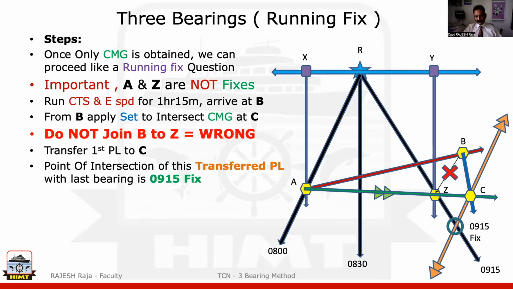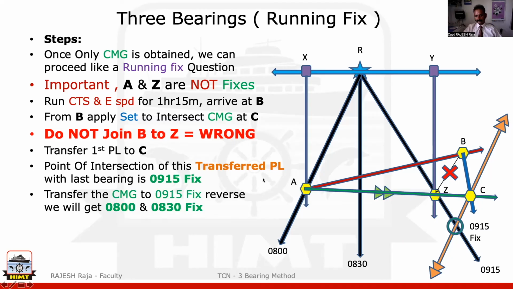The moment I've got a 915 fix, I know that I would have traveled in a particular direction so that I will have a fix on the previous 8:30 and 8 o'clock also. So this is where we always transfer only the CMG. Please remember, only CMG. Now I'm going to transfer the CMG at 9:15.